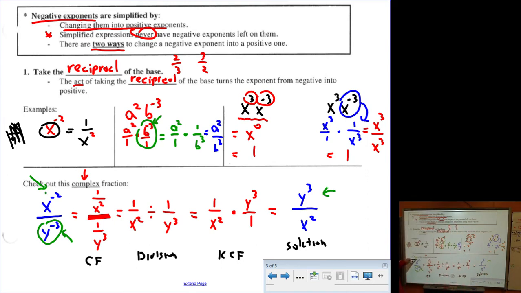And the x to the negative second that was on top became x to the positive second, which is on the bottom.